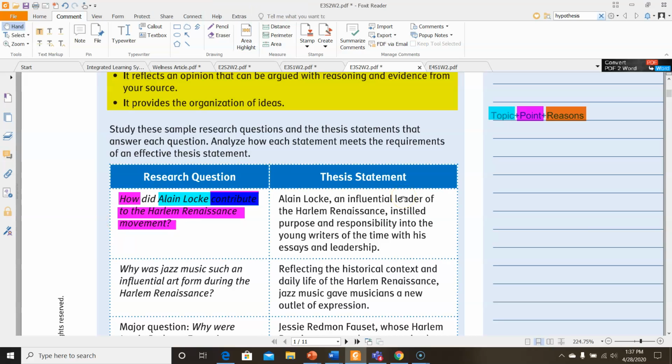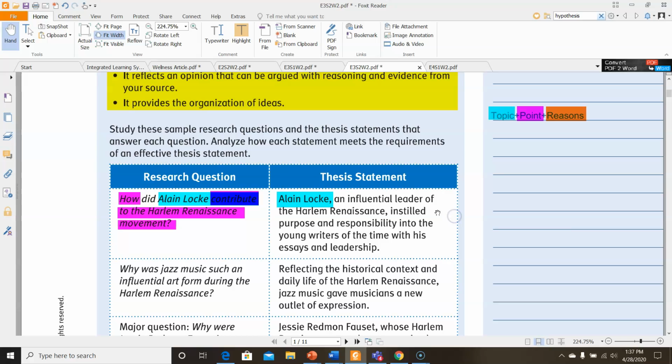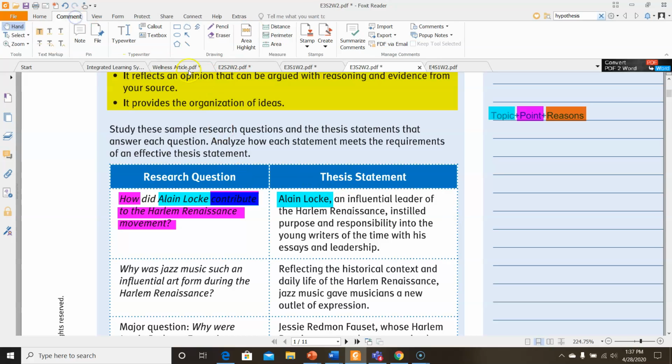So here we're going to look at our topic, which is Alan Locke. That's the person we're talking about. And then here they explain who he is. So I'm going to consider that part of my topic too because it is an influential leader of the Harlem Renaissance.